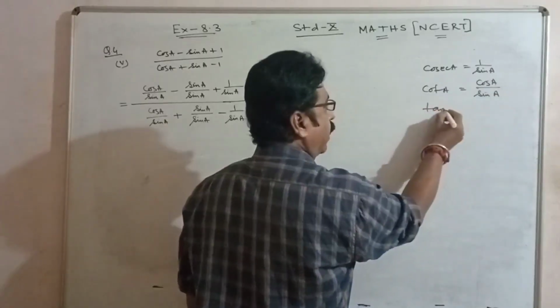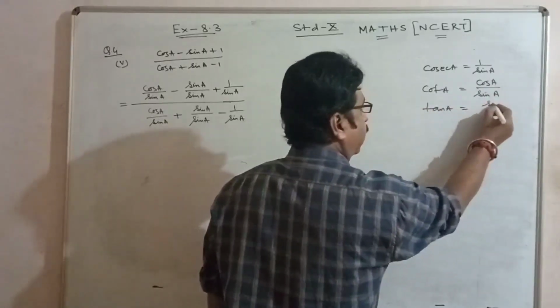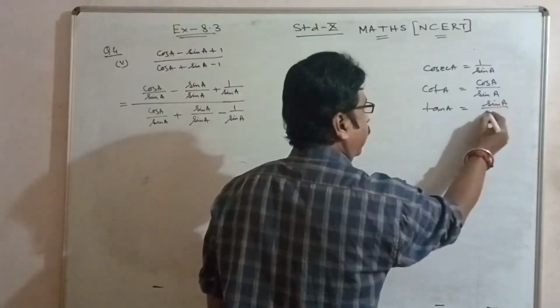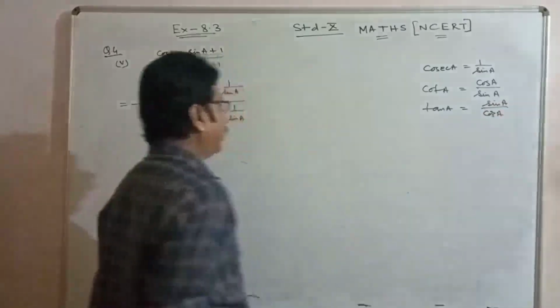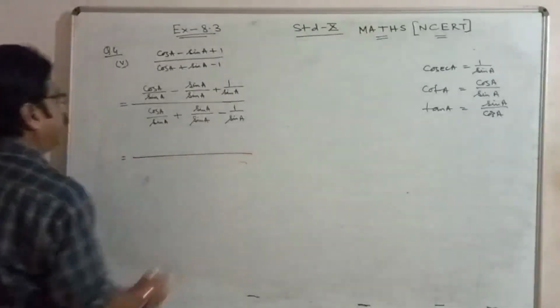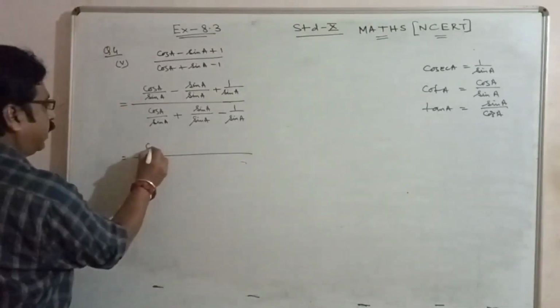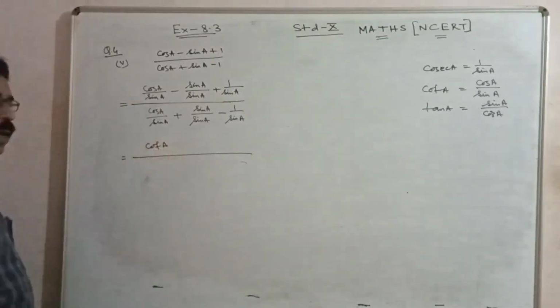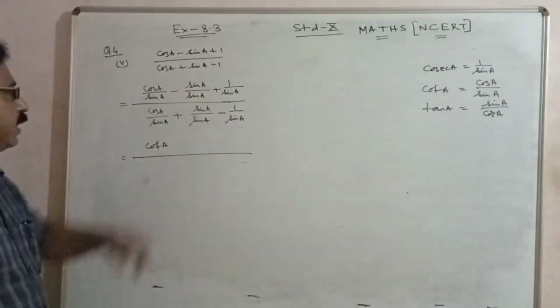Tan A is sin A upon cos A. We can write cos A upon sin A means cot A, plus minus sin A cancel.